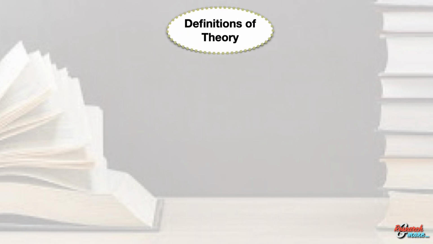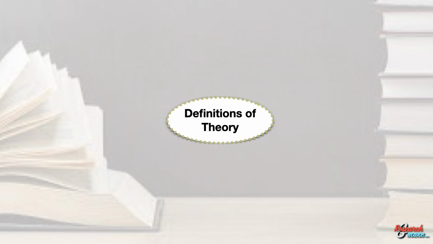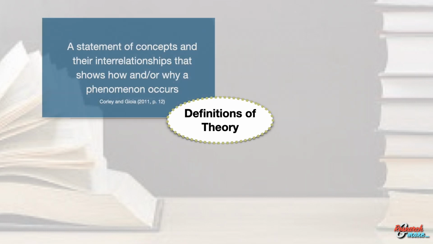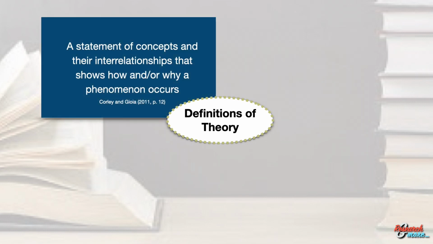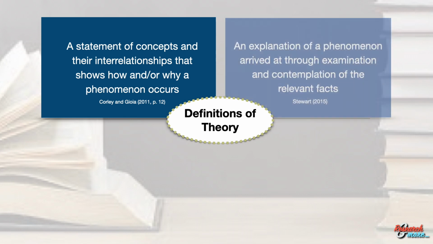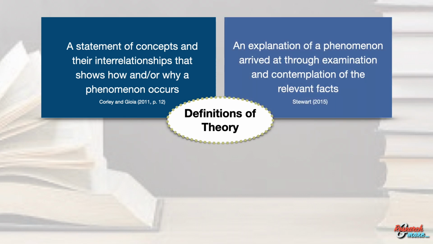Let's run through a few definitions of a theory. The first definition is a statement of concepts and their interrelationships that shows how or why a phenomenon occurs. A theory is used to explain a phenomenon after undertaking a thorough process of examining and deliberating relevant facts.